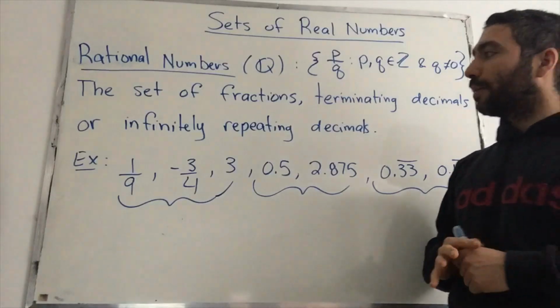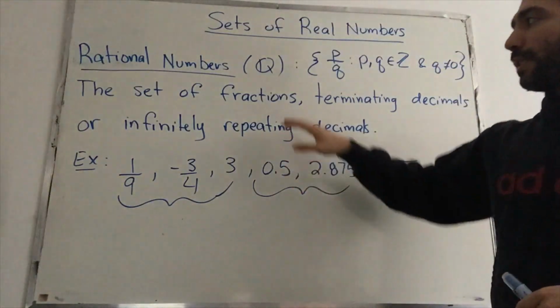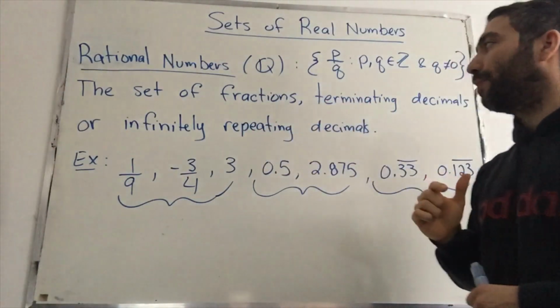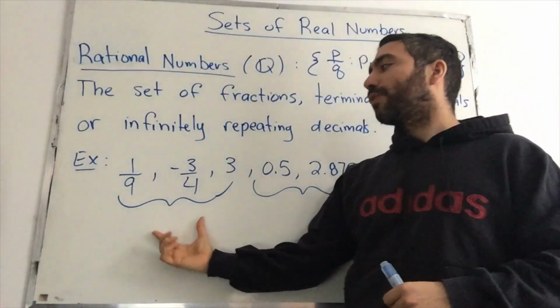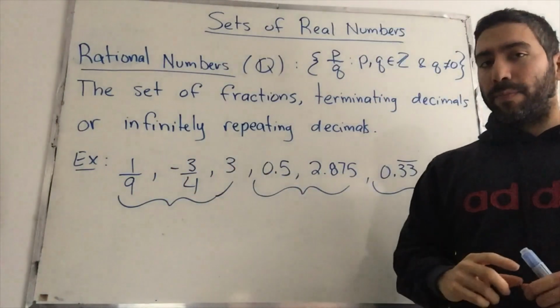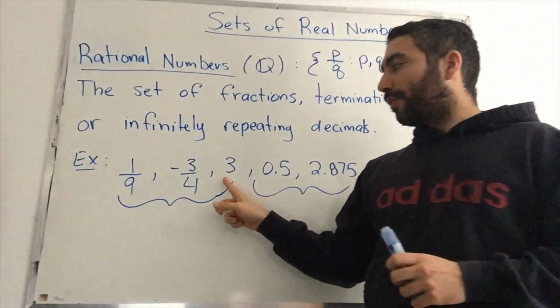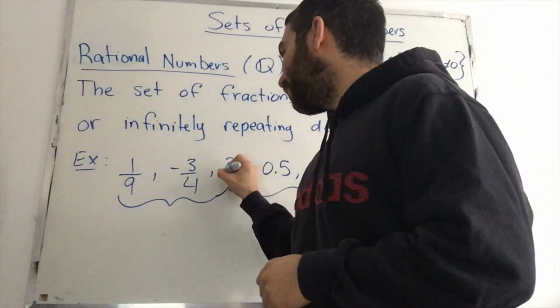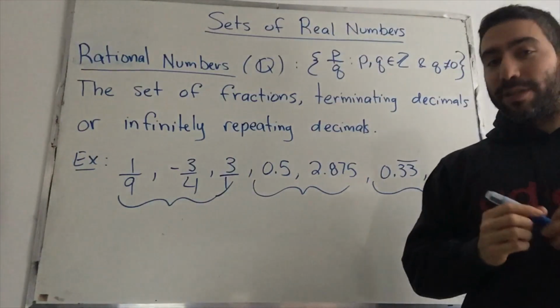Let's take a look at some examples to see what we mean. The set of rational numbers includes fractions, terminating decimals, infinitely repeating decimals. If we look at our examples here, we have 1 over 9, -3 over 4, and 3. Remember that for the third example here, 3, every number is over 1. So you can think of 3 as 3 over 1, so it's actually a fraction.